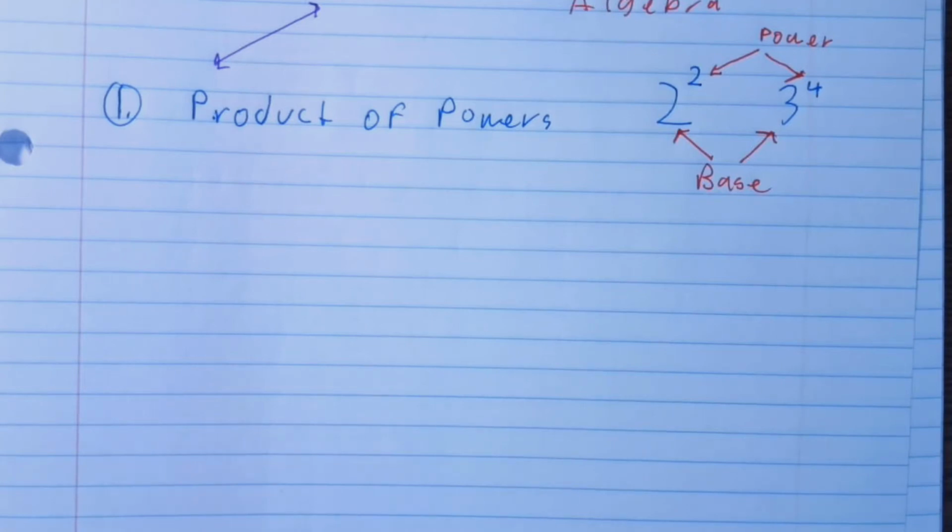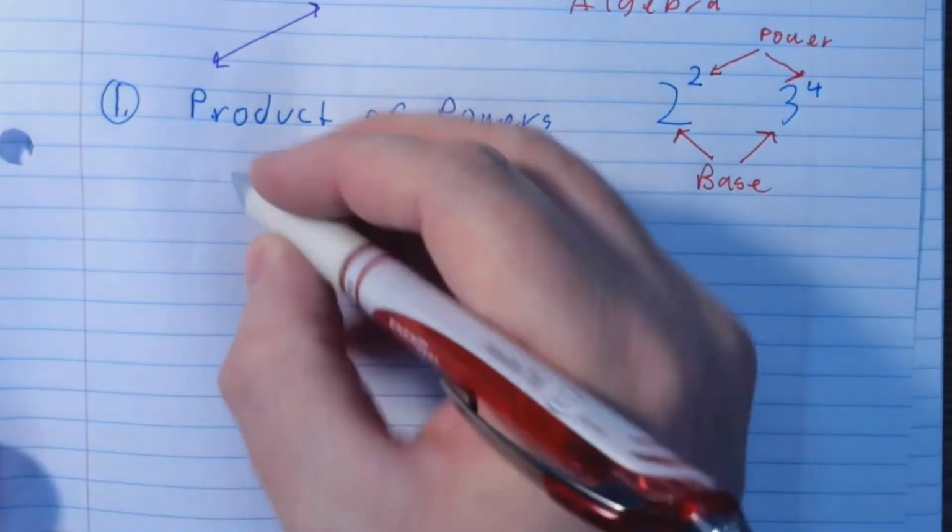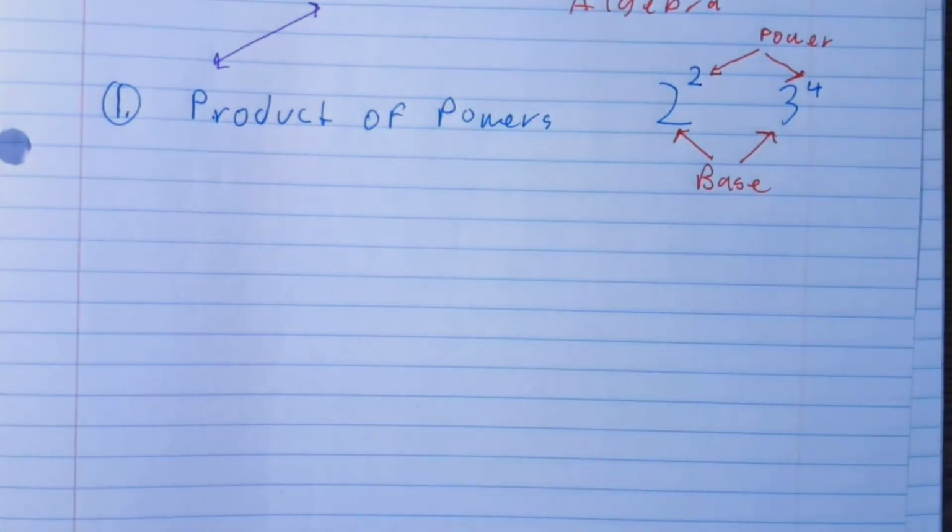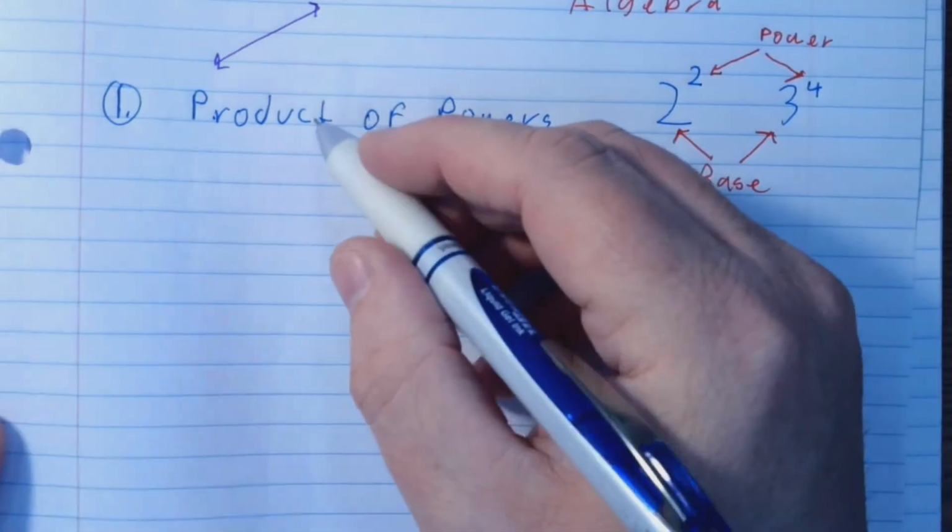So we're going to start with the product of powers. And we are in chapter 6. So that means we're getting through this book, and we will finish it. The product of powers, this is how it works. I'm going to write it out, and I'm going to write it out in an expanded form as well.